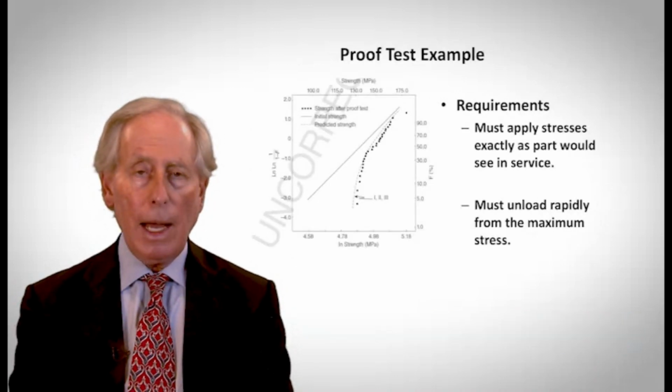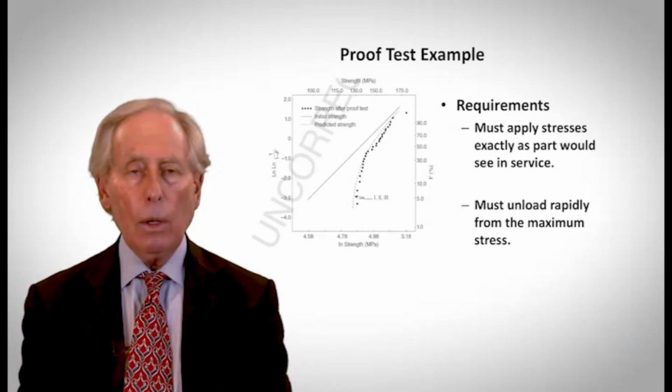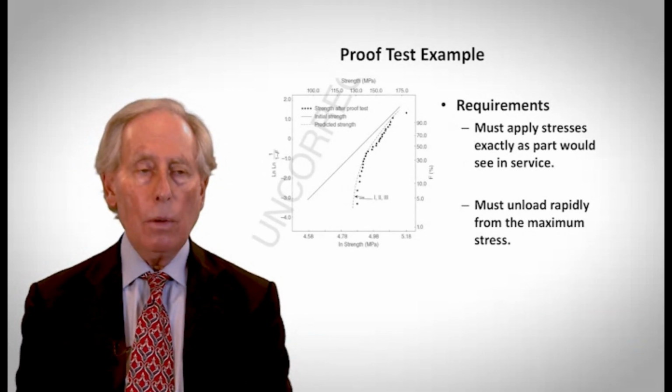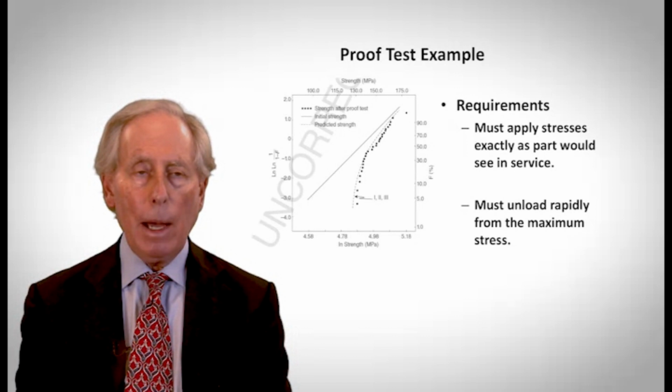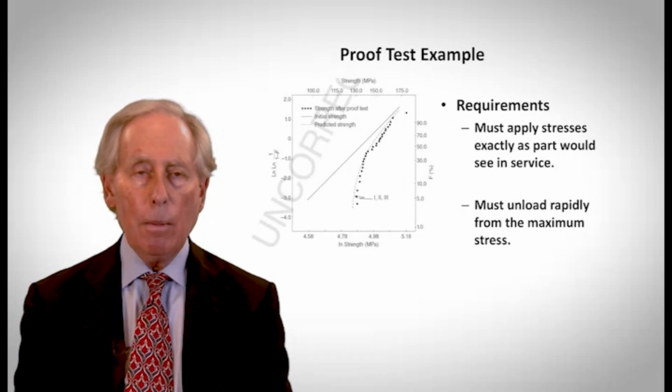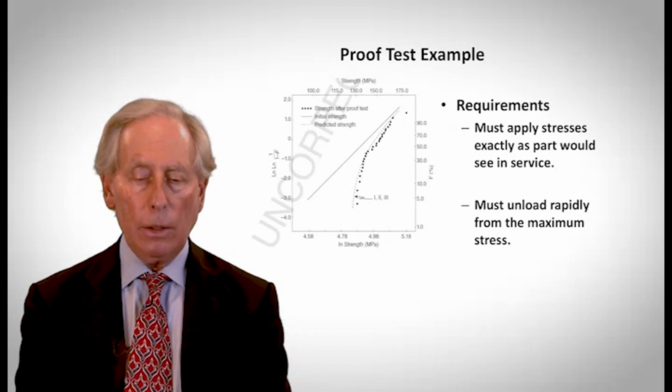The idea of a proof test is, we load up the particular component to a known stress. Those that fail during that load up are known to have flaws larger than the critical size that will cause failure in the component. They drop out, and we make the conclusion then that any remaining flaws are such that the part won't fail under the stresses that it's applied during service.